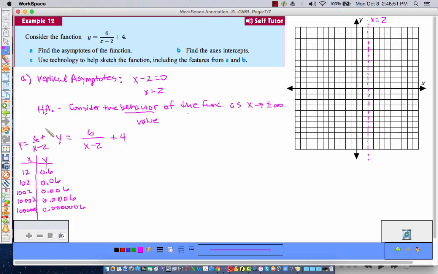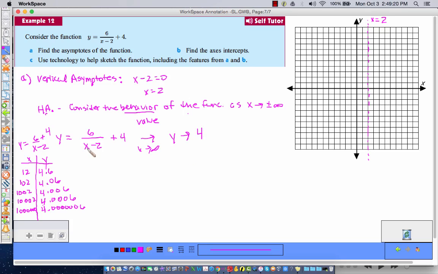Now, if I do consider the plus 4 right here, all of these zeros change to 4s: 4.6, 4.06, 4.06006, and so on. And hopefully you can see that as x goes to infinity, y goes to 4.